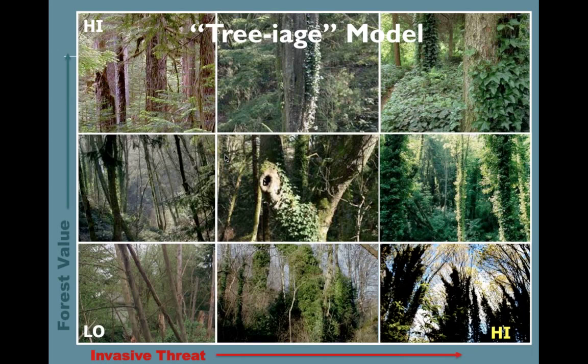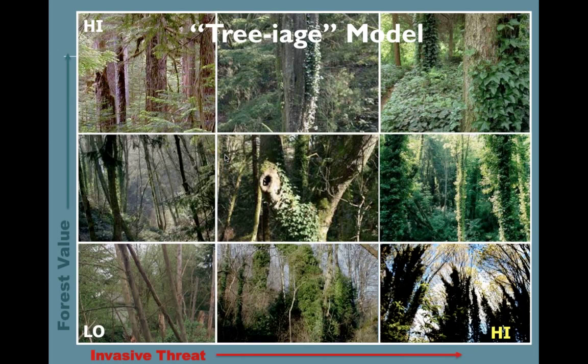Across the bottom you'll see is invasive threat. So we have low invasive threat, really general categories from about 0 to 5%, 5 to 50% in the middle, and 50% and up. And just to give you an idea, in Seattle, I believe it's more than 50% of all the acreage has 50% or more invasive cover.